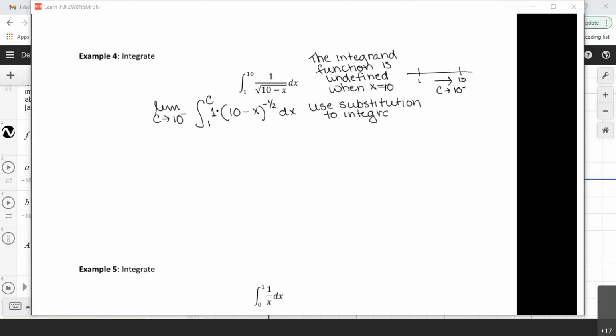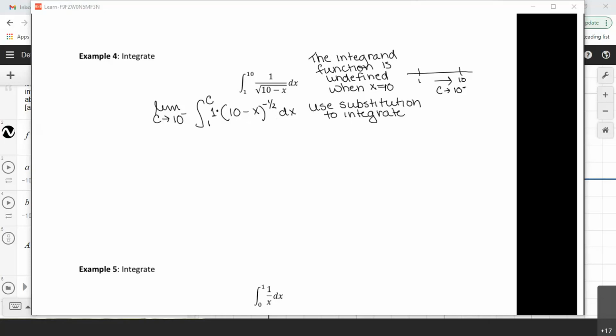Okay, hopefully you're seeing the pattern. If you have an expression in parentheses raised to a power, an expression in the denominator, which in this case is raised to a power, think substitution. Particularly if you're not seeing another non-algebraic function out here, like an exponential or a log.